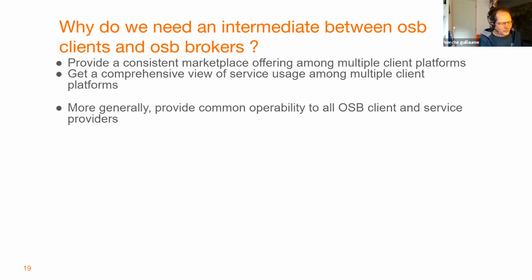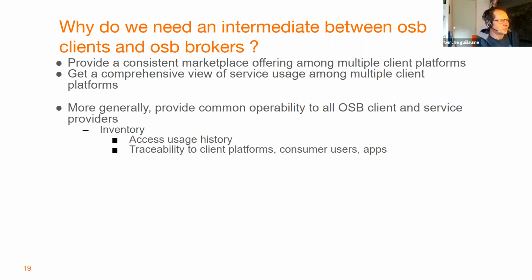And more generally, we want some kind of common operability for all clients and brokers. So we need a common inventory, with the ability to access the usage history. We need to be able to trace calls from client platforms, from consumer users or apps, and to store that metadata and avoid implementing this logic in each service broker. And to be able to log the OSB API calls received.